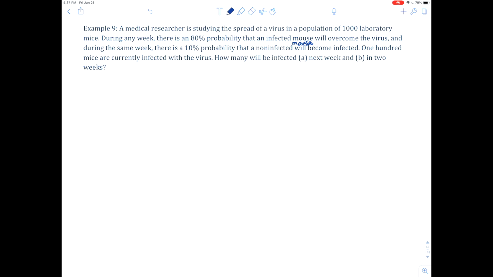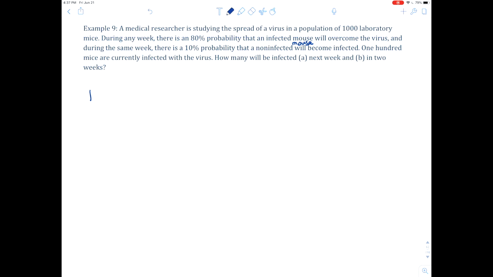So, okay. Let's just kind of break this down. There's a lot going on, right? So, first of all, we need to find our transition matrix P. Good so far?